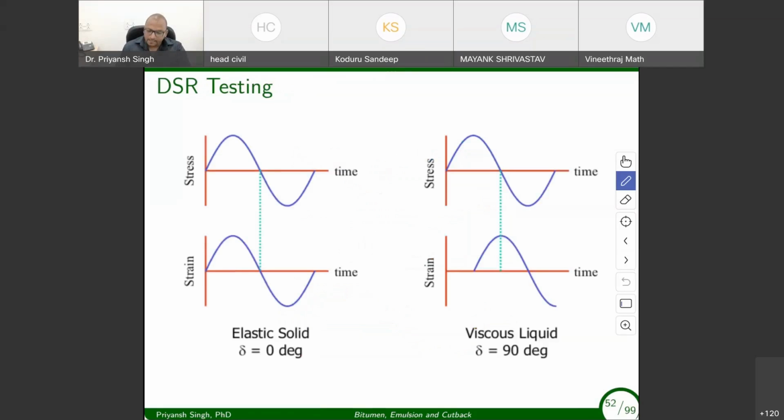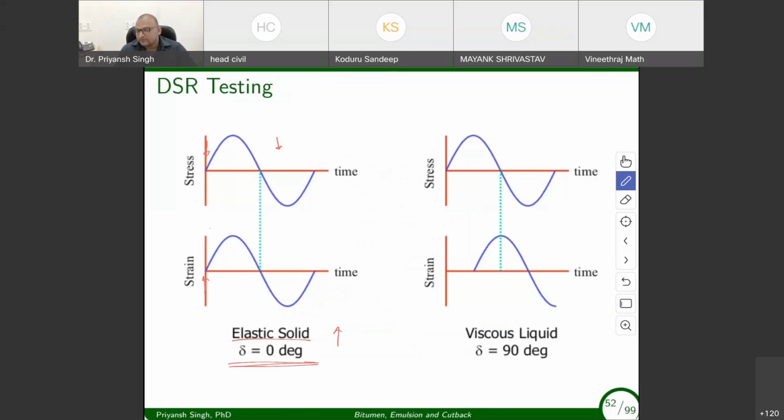Now, when you have applied a sinusoidal load to your sample, you will get some strain originated. If your material is elastic, the moment you give your stress, the same moment the strain will come up. That means the time lag between stress and strain is 0.